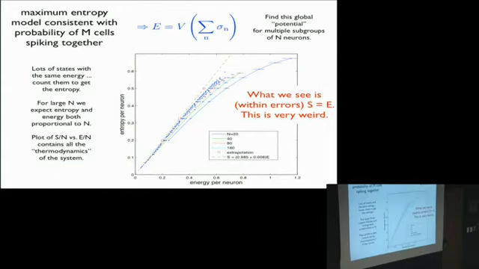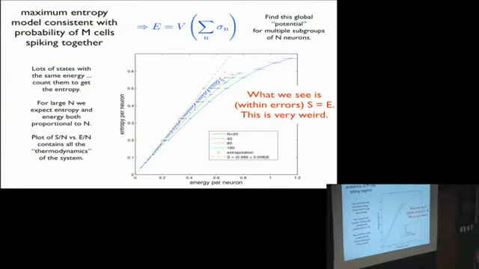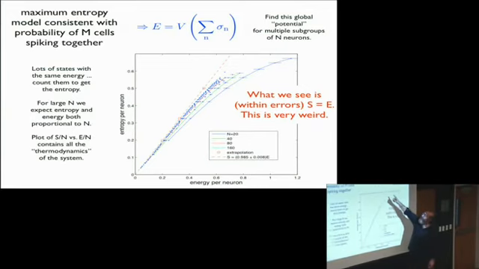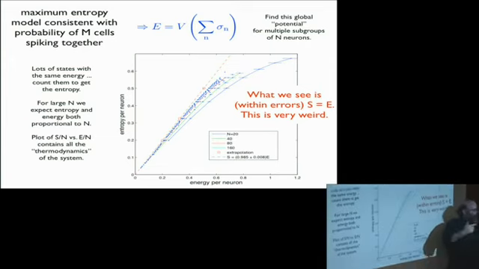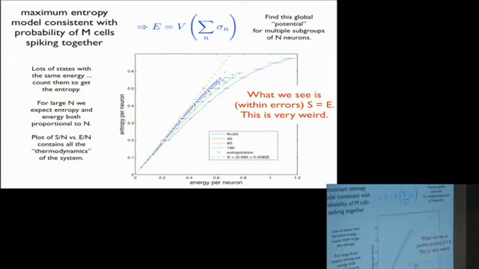And so, how do you actually measure this energy? We measure the probability that m neurons are firing at once, and the maximum entropy distribution that's consistent with that has this form.